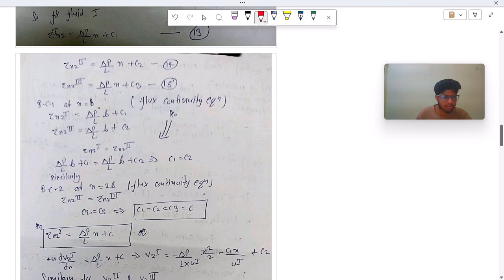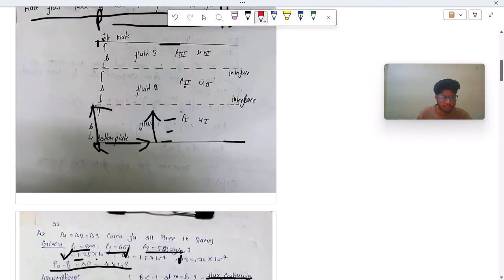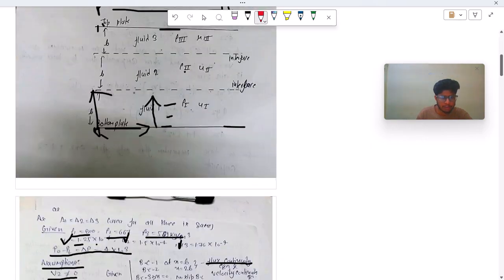The first boundary condition is at x equal to b, plus continuity equation. At x equal to b, the shear stress due to fluid 1 is equal to the shear stress due to fluid 2, and the velocity of fluid 1 is the same as the velocity of fluid 2.